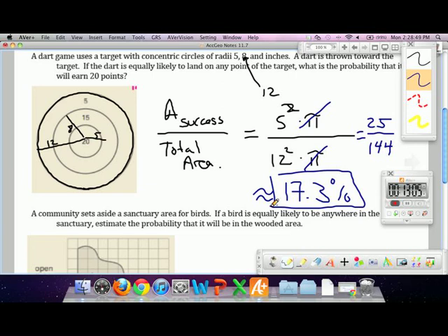We'll truncate it there. 17.3 is fine. So I compare the two areas, and the area of the bullseye compared to the area of the whole target is about 17.3%.